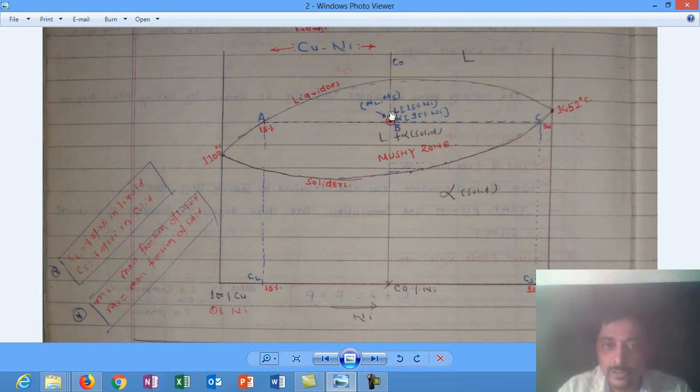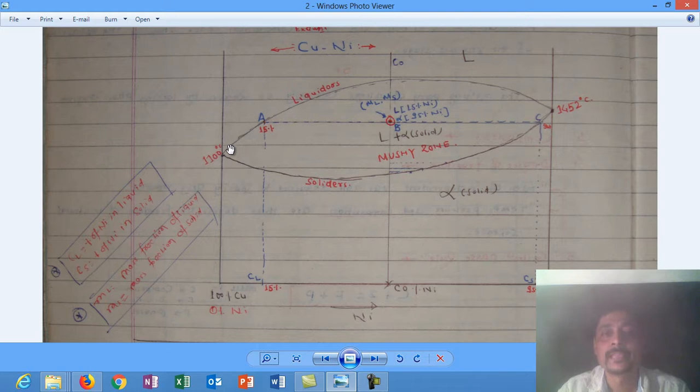It might be observed here also, because as temperature drops, suppose we have to find the mass fraction of solid at this point. That means we have to take AB by AC. But as the temperature drops, let us suppose this point B shifts here.